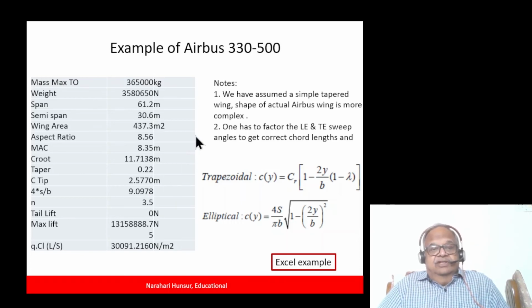If this was a combat airplane, N could be 6 or 8 depending on the requirement. As I said, we have assumed a simple tapered wing shape, but of course the actual Airbus wing is more complex. It has a sweep and also a Yehudi at the trailing edge. But suffice to say, for explanation, this is what it is.